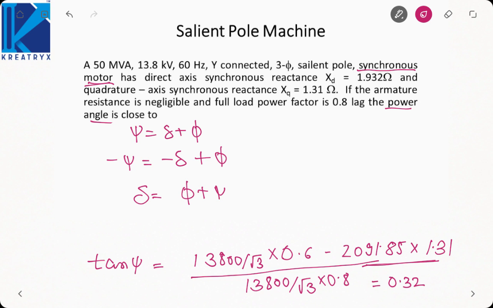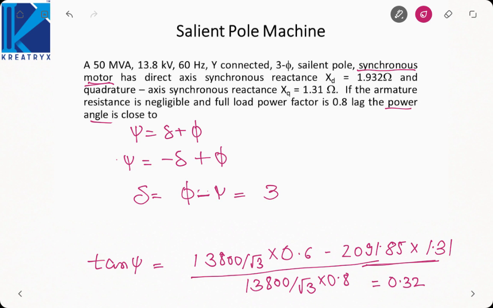One minute. Psi will be taken as negative, so psi is coming out to be positive. Delta is negative for a motor, so it will be delta minus, phi minus psi.